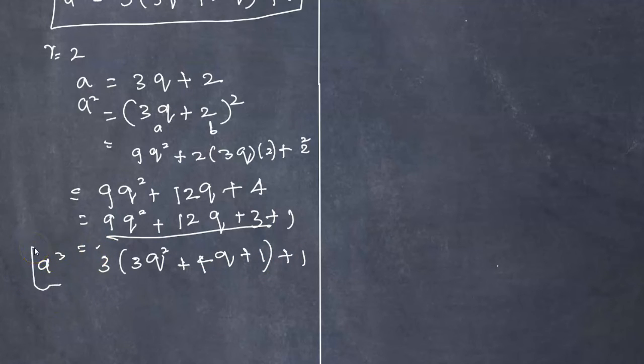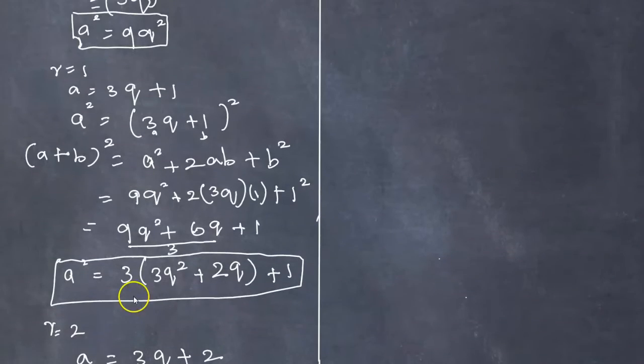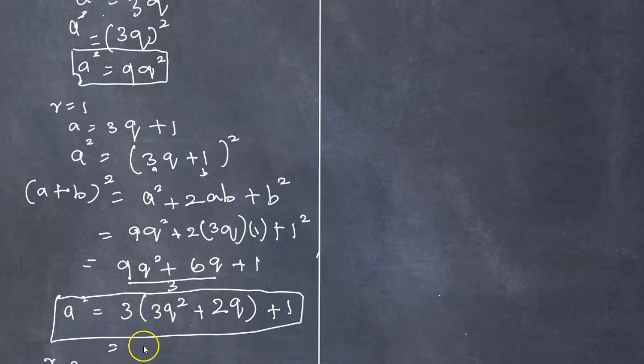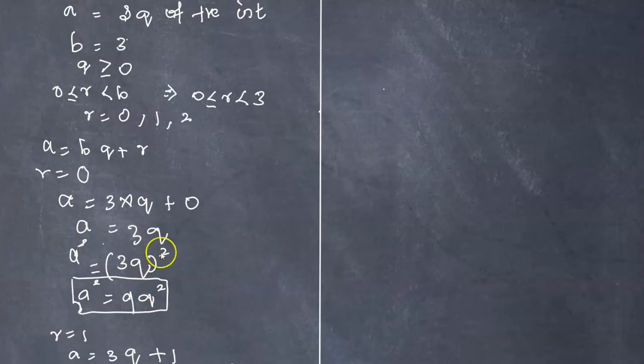so these are the 3 equations. All the 3 equations are in the form of 3 into something. We can take this whole as M. So this is 3m plus 1. So this is 3, this one we can take as m, any integer, so 3m plus 1. And this is in the form of 3 into Q square, 9.